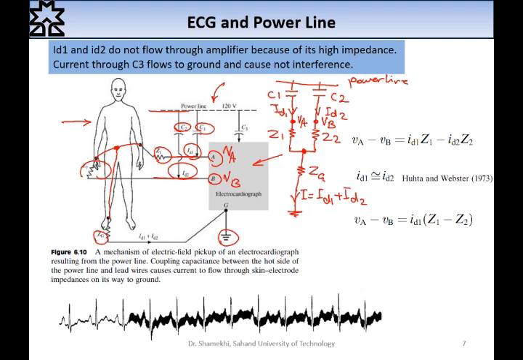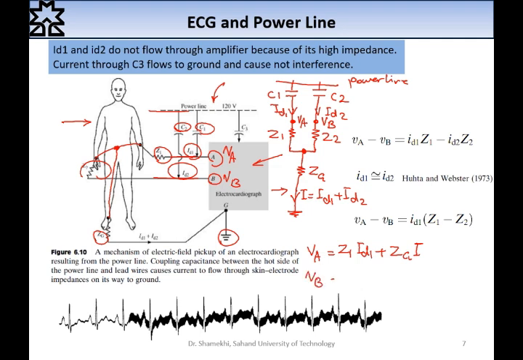Let's write the exact VA voltage first. VA is Z1 multiplied by ID1 plus ZG multiplied by I, this current.